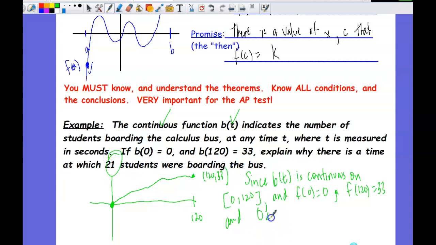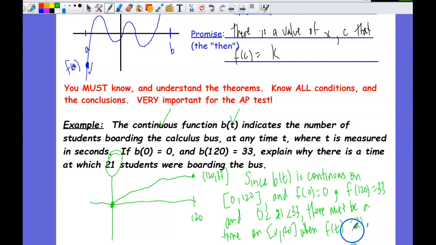Since 21 is between 0 and 33, there must be a time on, and I'm going to reclaim my interval, 0 to 120, when, at time t, when f of t is equal to 21.